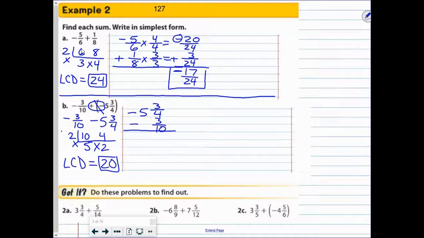The least common denominator of those two fractions is 20, so I will multiply 3 and 4 by 5, and I will multiply 3 and 10 by 2.